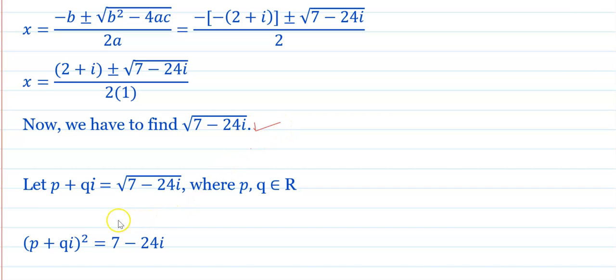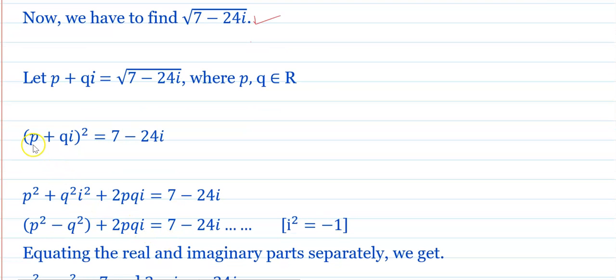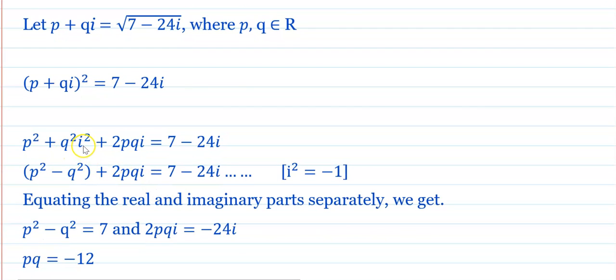Let p + qi = √(7 - 24i), where p, q belong to the set of real numbers. Squaring on both sides, (p + qi)² = 7 - 24i. Now p² + q²i² + 2pqi = 7 - 24i. Okay, what is i²? i² is -1. Therefore, p² - q² + 2pqi = 7 - 24i.